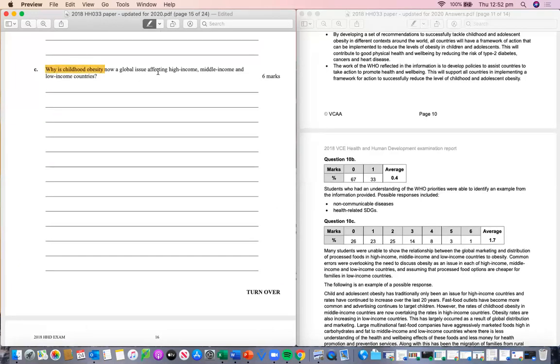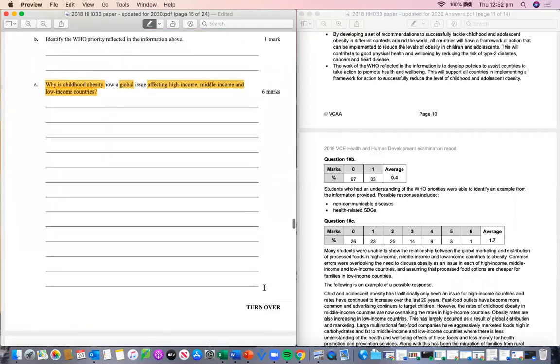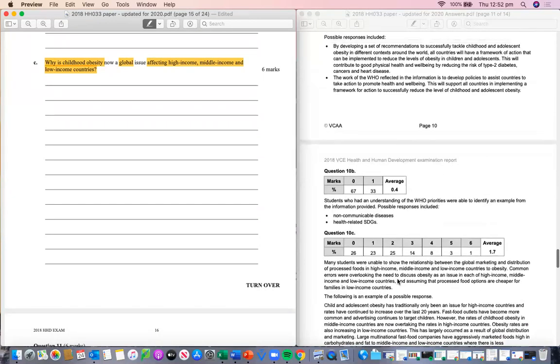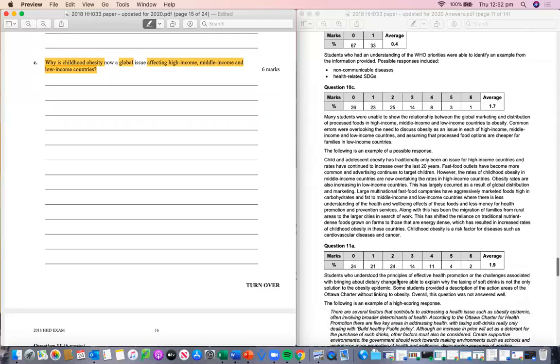We're looking at childhood obesity affecting high income countries, and looking at it globally. Now the main thing to achieve 6 marks is obviously to explain the cause and impact, relating it back to all classes of income countries. Otherwise, without doing so, you're going to miss the mark and not actually receive the marks for it.